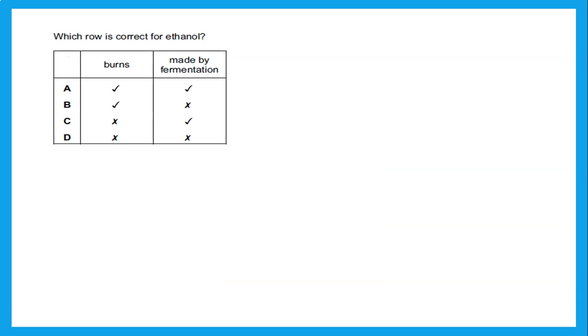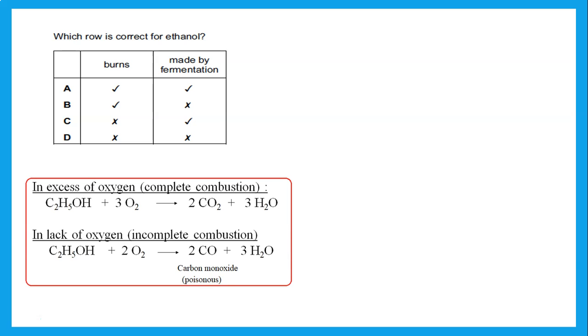Which row is correct for ethanol? What do we know about ethanol? Ethanol is an alcohol and all alcohols burn. So when we say it burns, yes, ethanol burns. Is it made by fermentation?